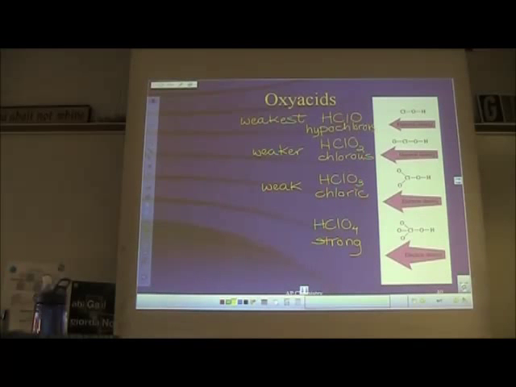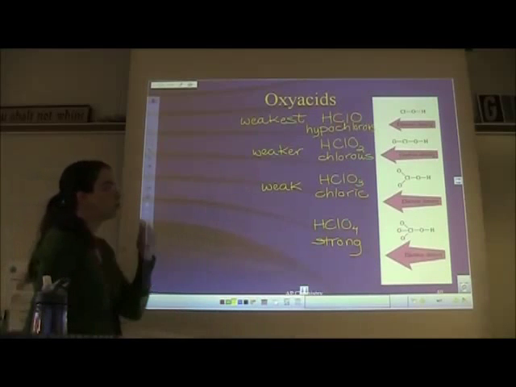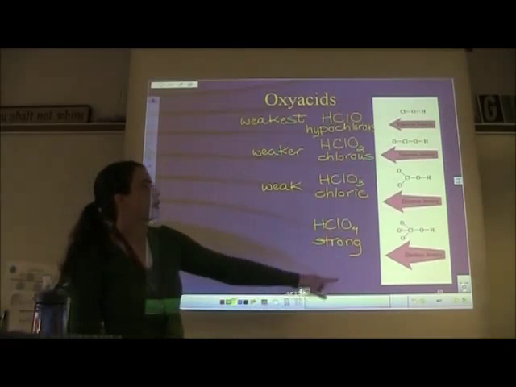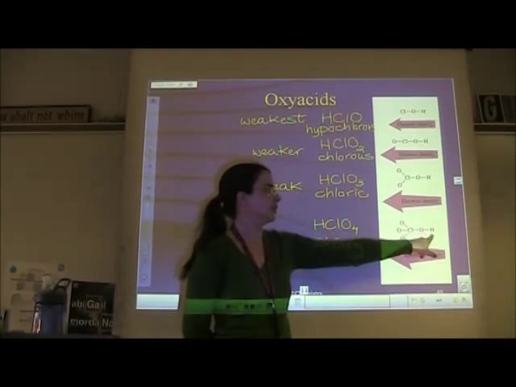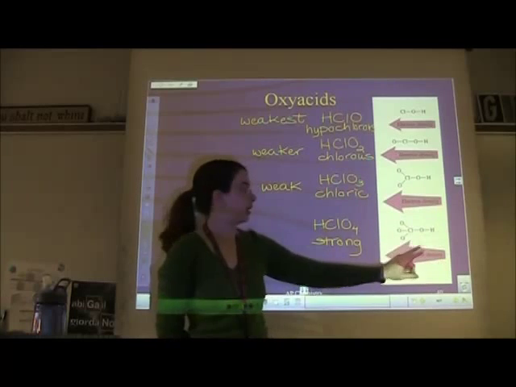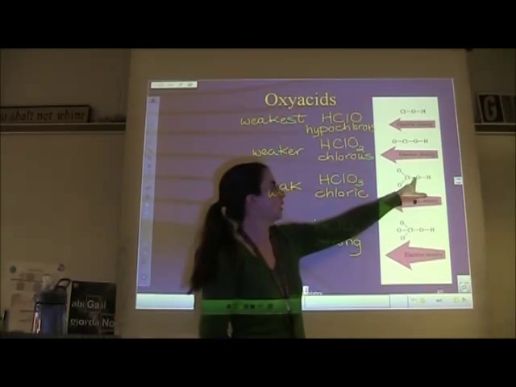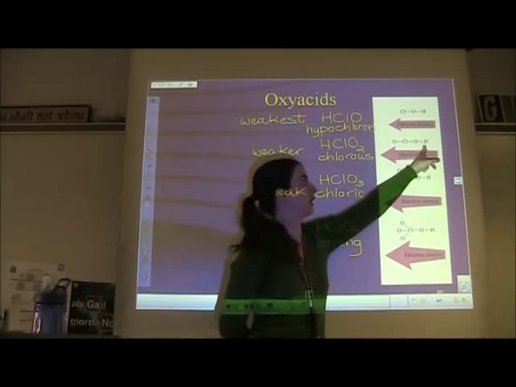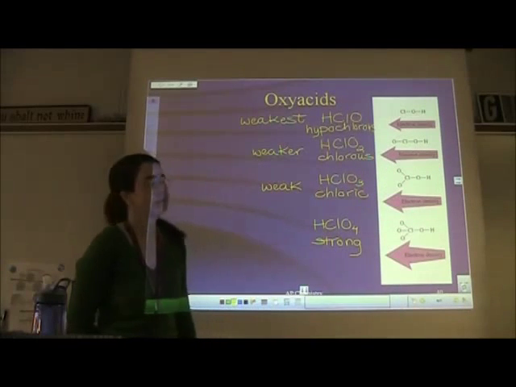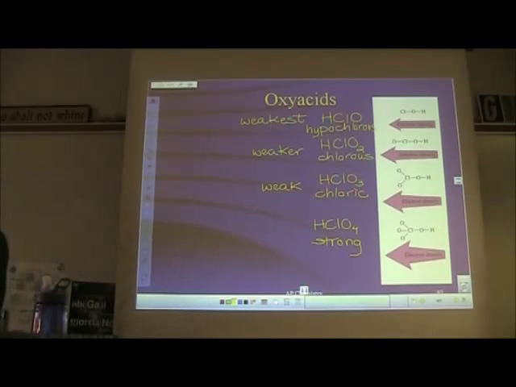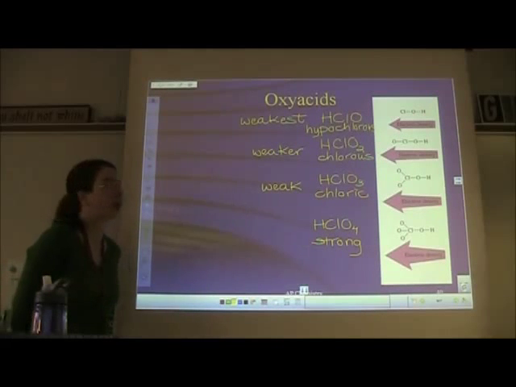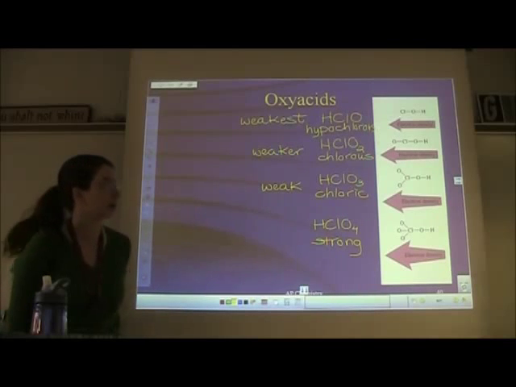Now, first things first, I want you to be aware that the hydrogen of these acids that will be donated is joined not to the chlorine, but to an oxygen. If I say to you that oxygen is a very electronegative element, what does that mean to you? It's pulling all the electrons towards itself. That's what those arrows are showing.